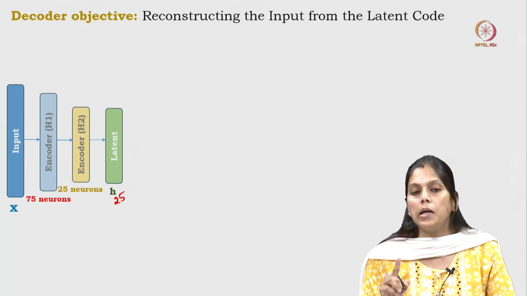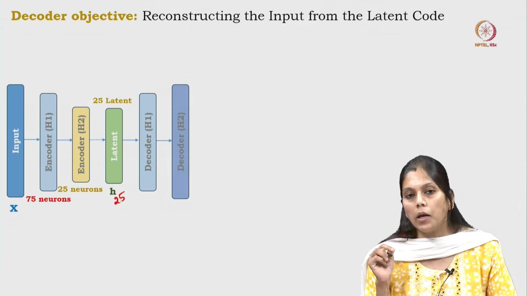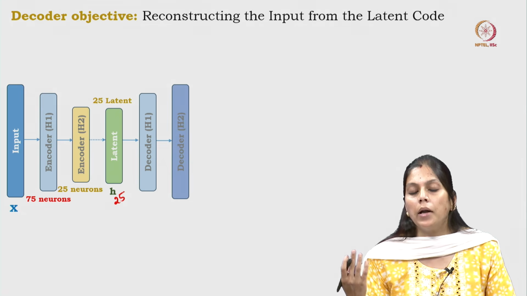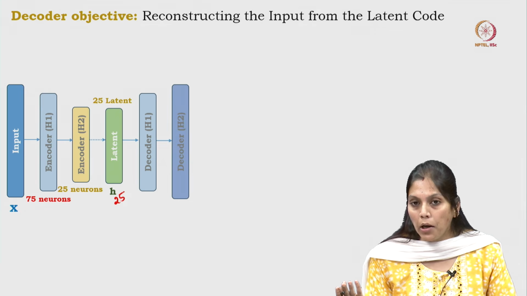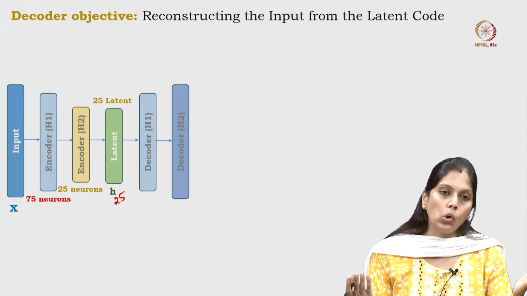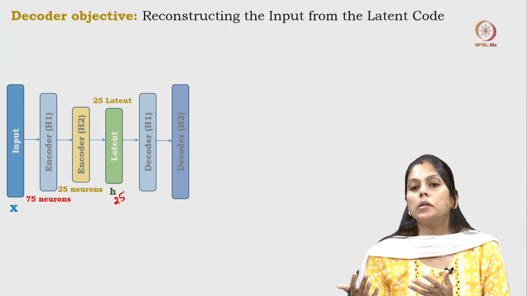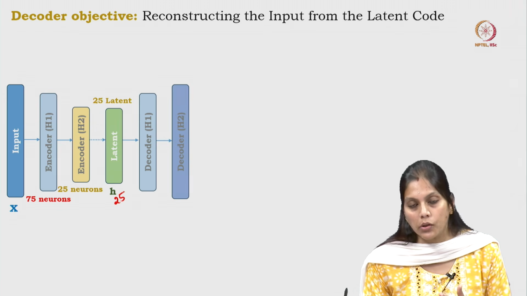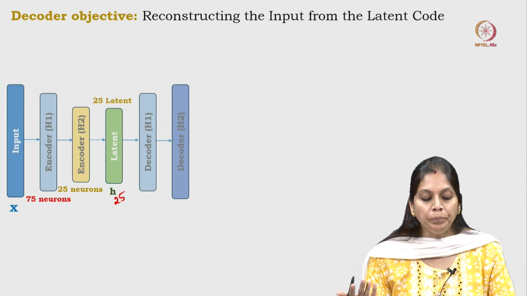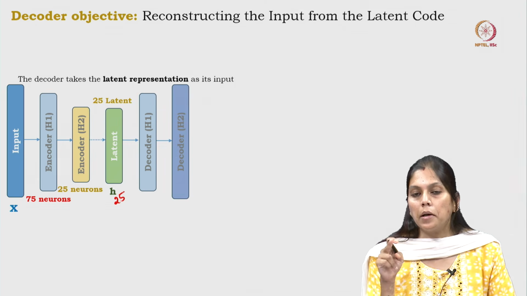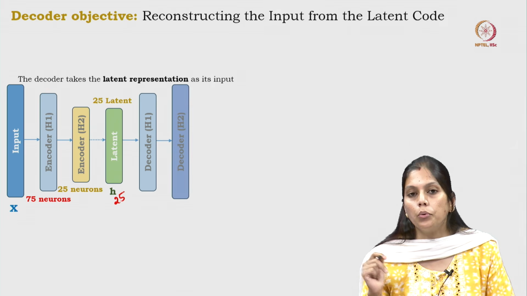Now, this latent representation is passed as an input to a decoder. The decoder is once again a neural network, and since you are working on tabular data, just as at the encoder side you used a multi-layer perceptron, at the decoder side you will also use a multi-layer perceptron model. So, what is the input that you are passing to a decoder? The latent representation is passed as the input to the decoder.